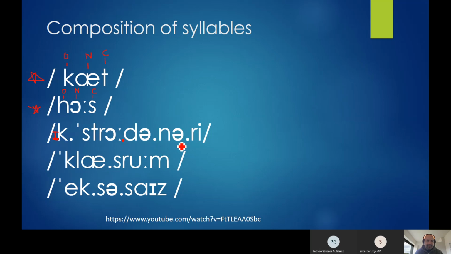Okay, so in this case, how many syllables are you able to see or identify? 5. Okay, 5, because the number of syllables equals the number of vowel sounds, right? And we see the division here, and we have a dot here.